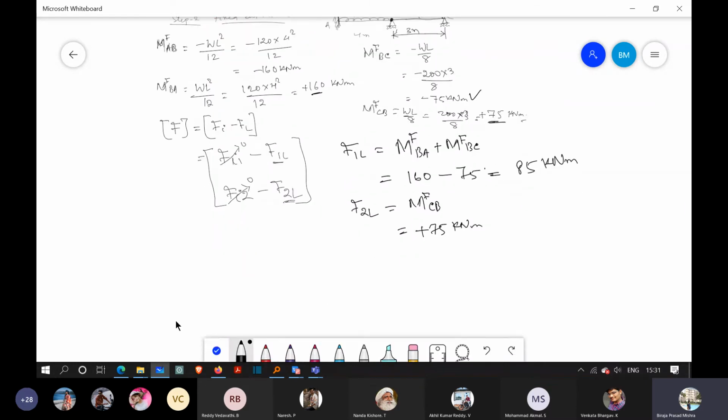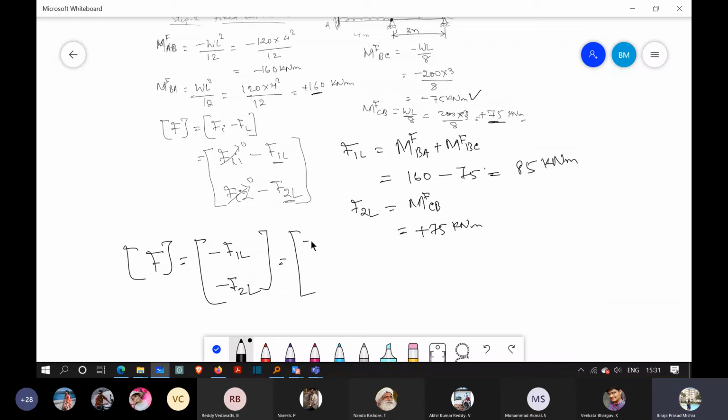So the F matrix becomes F equals minus F1L minus F2L, that is minus 85 kilonewton meter and minus 75 kilonewton meter. So that is the F matrix, or the force matrix.